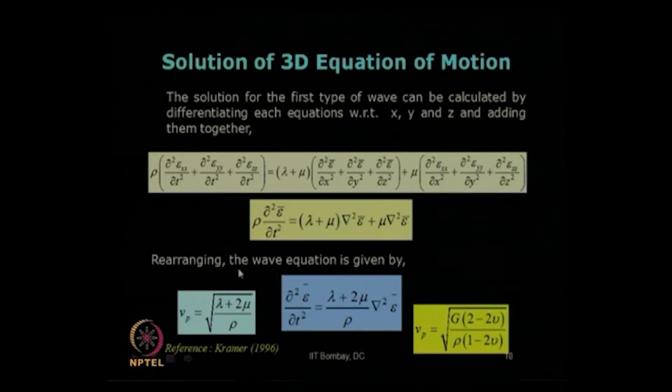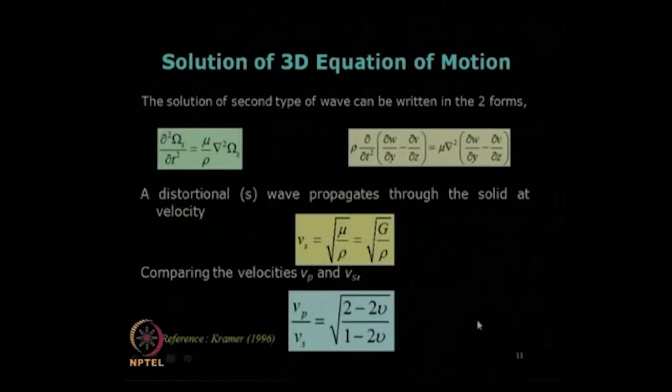So, rearranging the wave equation, we can write that this can be expressed as 2 lambda plus 2 mu by rho grad square epsilon bar, where in this case V p can be expressed as root over lambda plus 2 mu by rho, and this on further simplification can be given in this form.